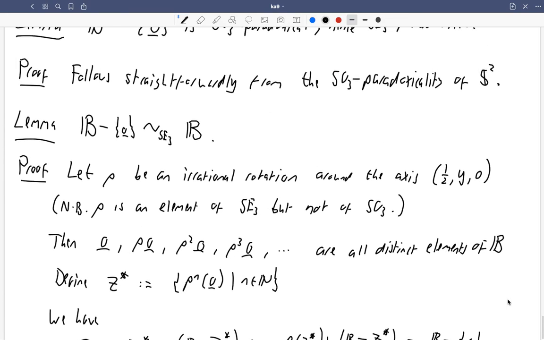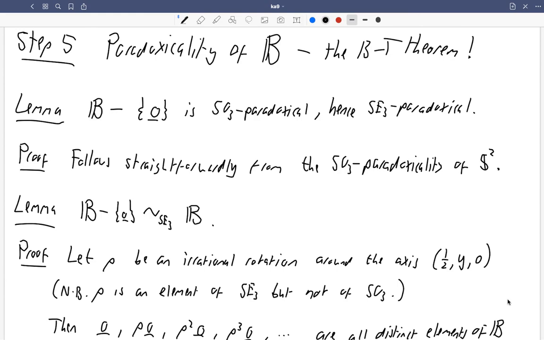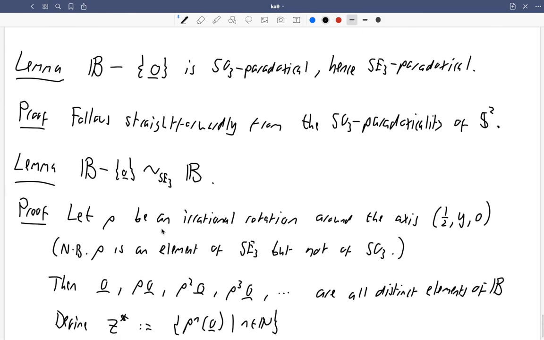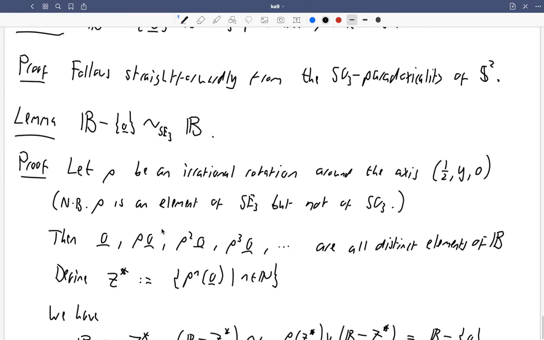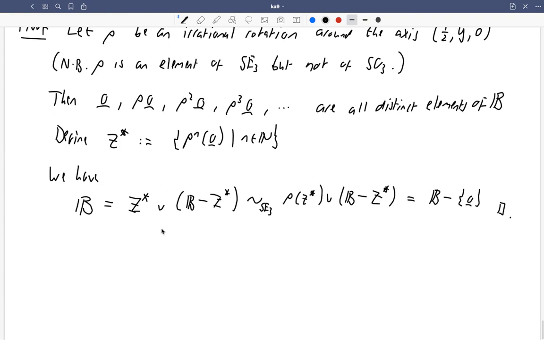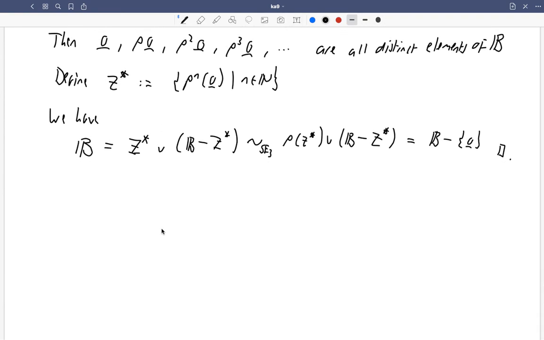Okay, so now, again, by the lemma that we can transfer paradoxicality along equidecomposability, we have as a corollary of these two, that B is SE3 paradoxical.